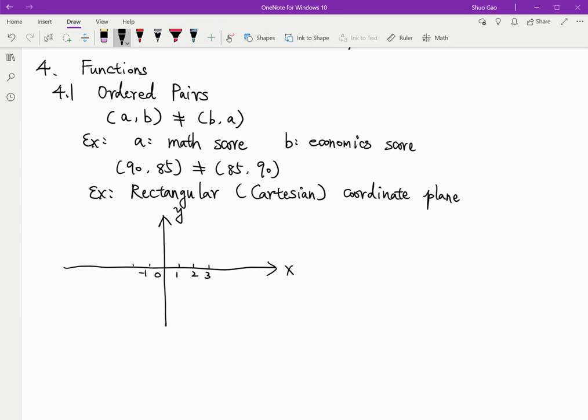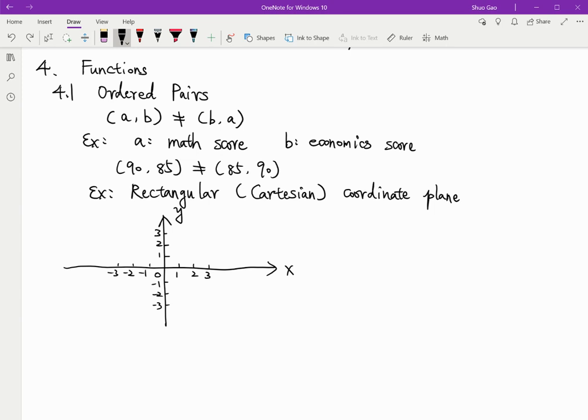To the left, the negative numbers, with the same interval. So 1, 2, 3, and so on, and -1, -2, -3, and so on. So y here is 1, 2, 3, the up part, and the down part is -1, -2, and -3. So we use this system to draw all the ordered pairs in this graph.